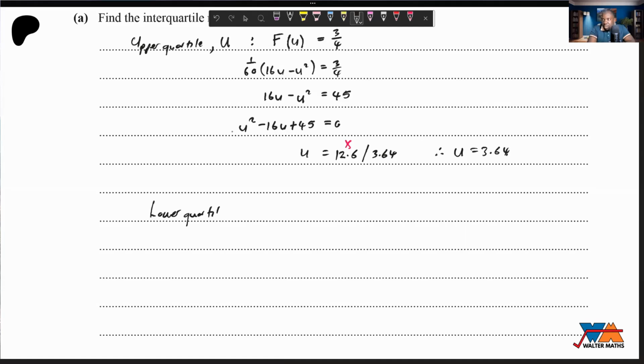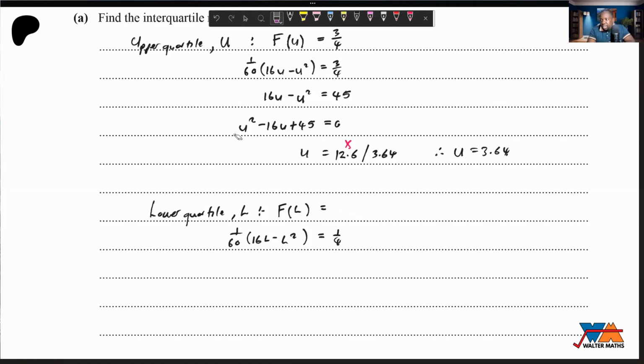And for the lower quartile, I'm going to call it L. So f of L should be equal to 0.25, which is 1 over 60 of 16L minus L squared, equal to a quarter.